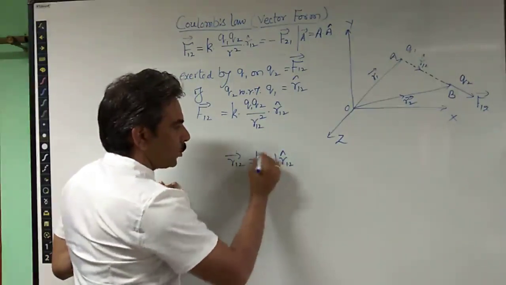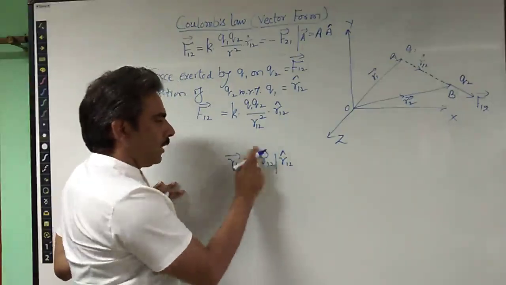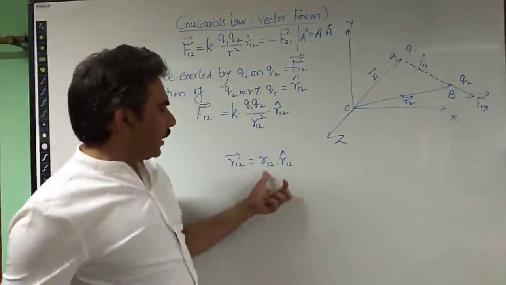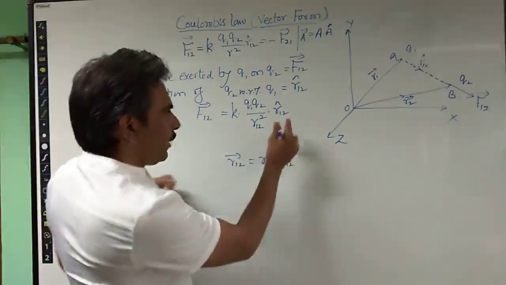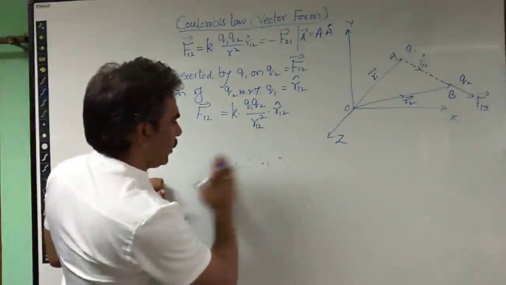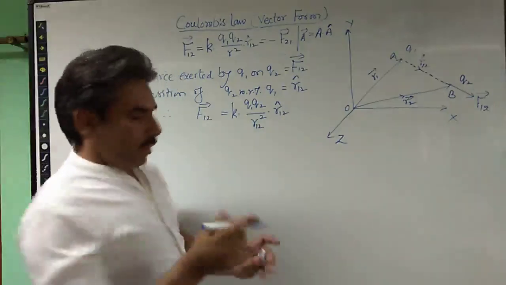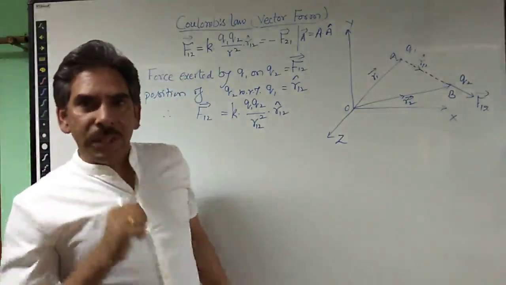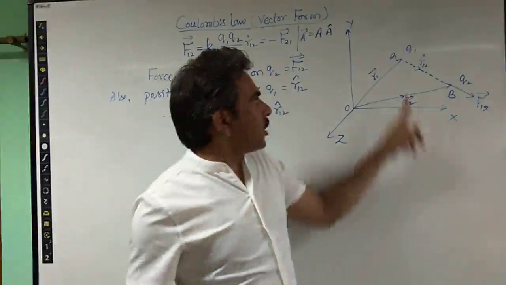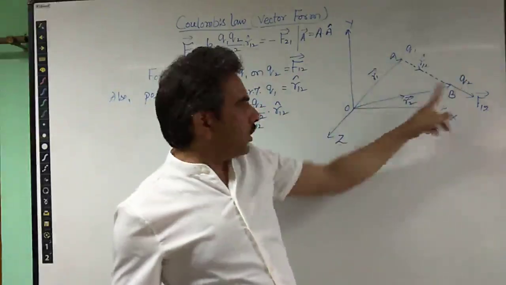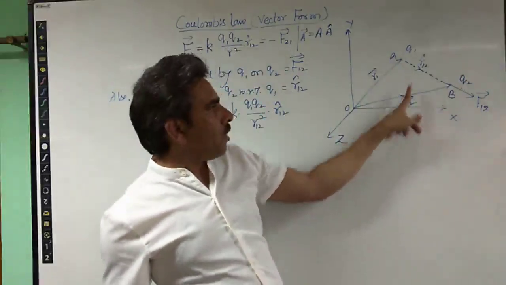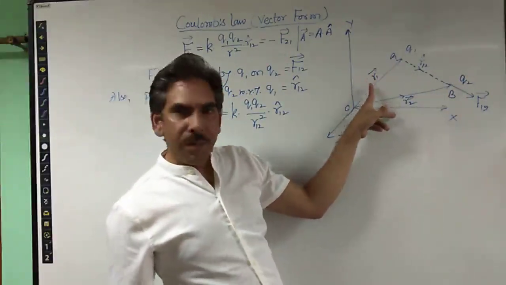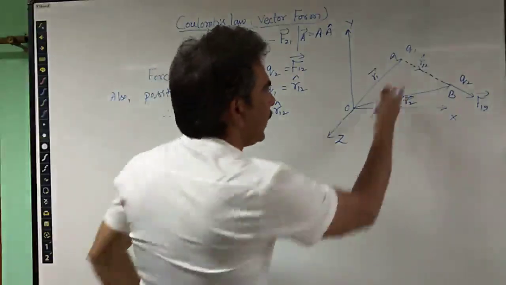So either we write it as R12 or simply as R, but for simplification we can write it as R12 because we have to transform this in terms of the position vectors. R12 is not given in the question. What is given? The position vectors of charges Q1, which is R1, and charge Q2, which is R2. So we have to transform this unit vector in terms of the given position vectors. So how can we write R12?